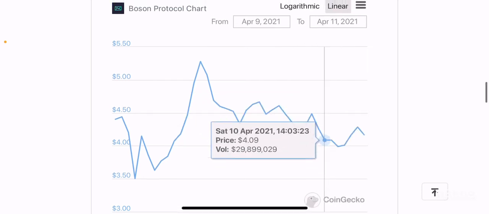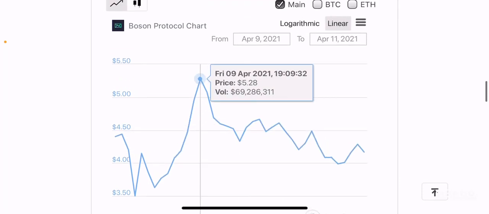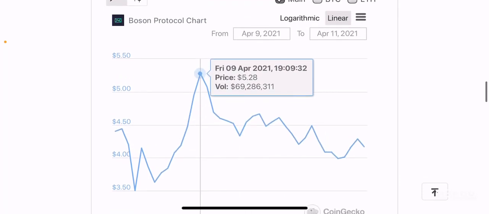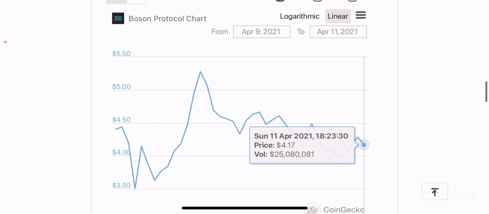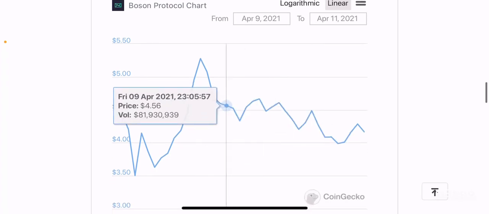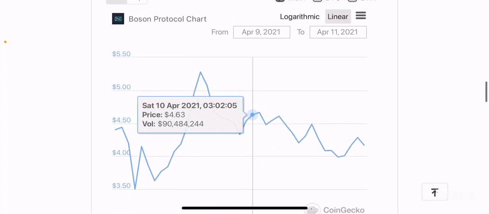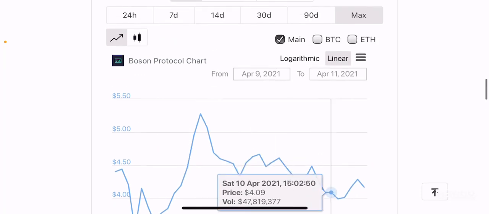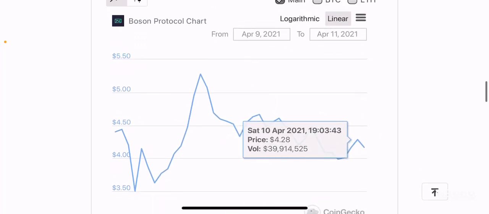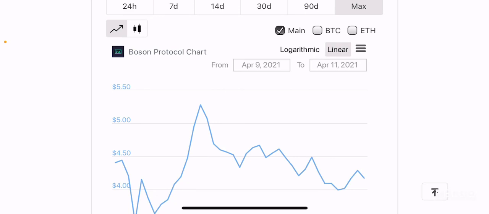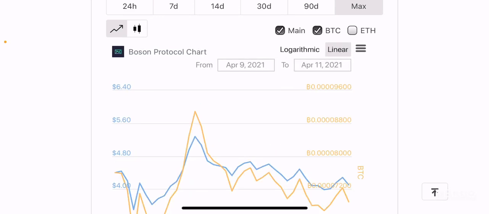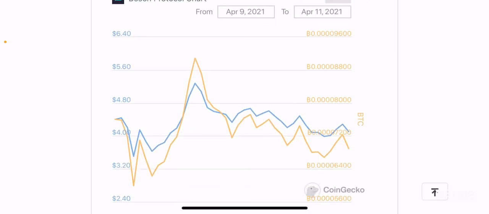But again, it's still relatively new, and this value of $5.28 really can't be considered as an all-time high, because the data is very, very new, and this token still has a long way to go, right? It's extremely undervalued. If you look at the Bitcoin comparative, on the other hand, you can clearly see that the pattern is pretty similar.